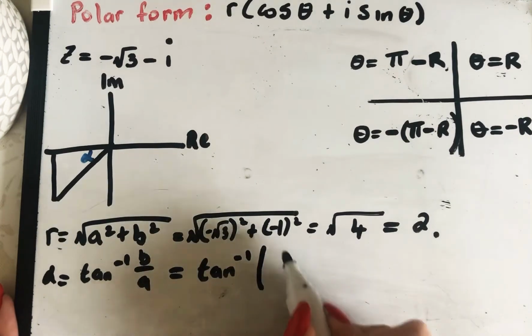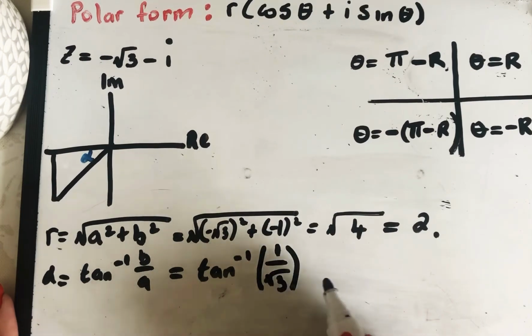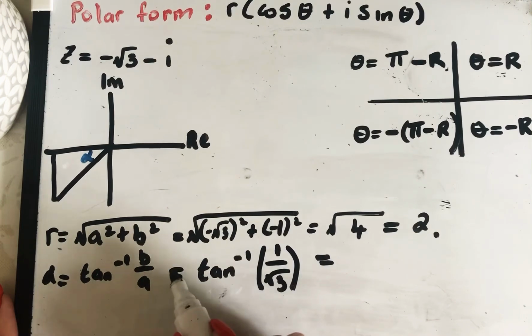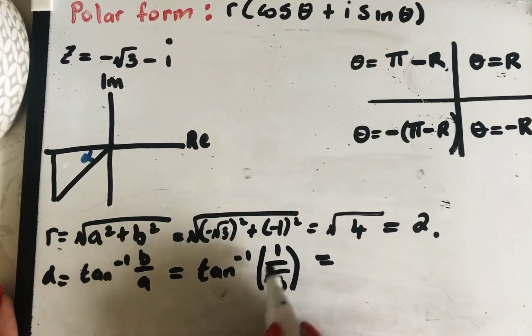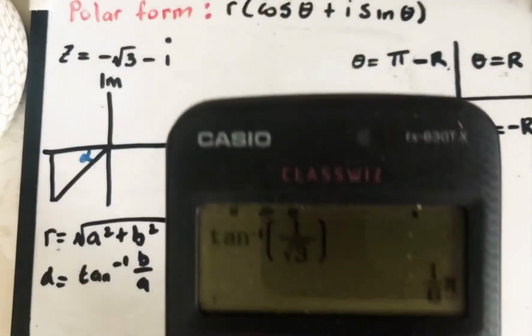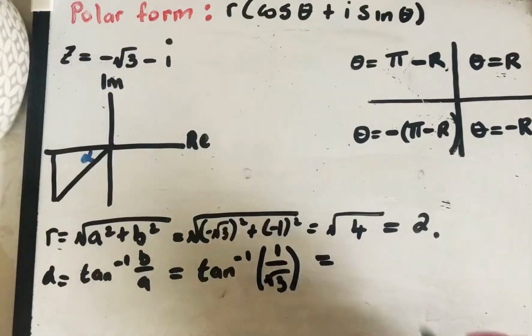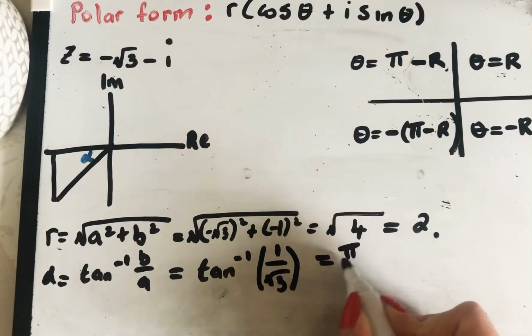Notice I haven't mentioned the negatives in front of the real or the imaginary, as the a and the b here represent the opposite and the adjacent, as in tan is o over a, and o and a are lengths from a right angle triangle, so therefore we can't have a negative length. So let's only put in the positive values here. When you type in tan inverse of 1 over √3 into your calculator, you get pi over 6. So our alpha value is pi over 6.